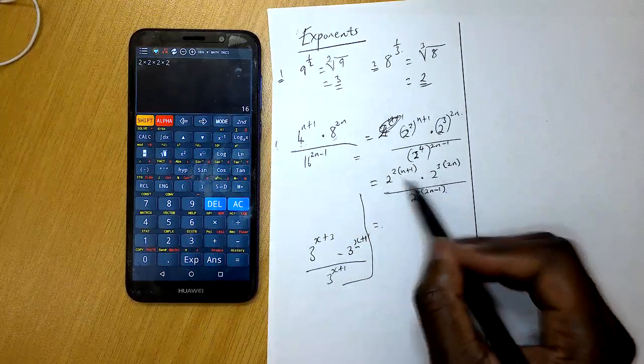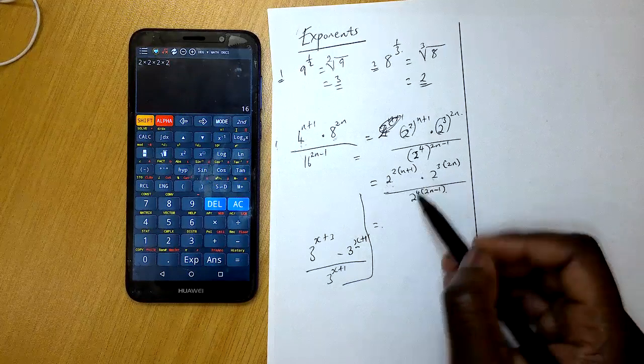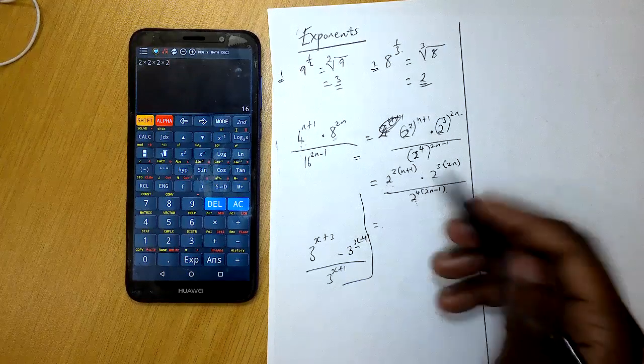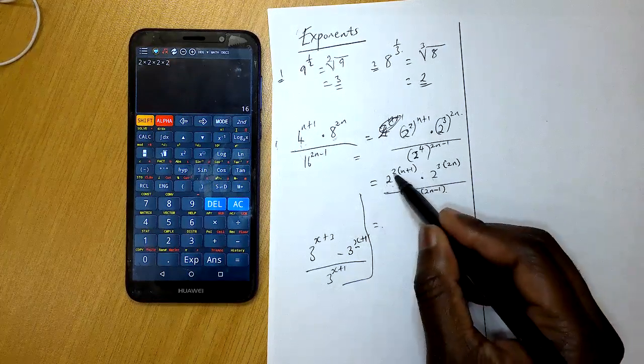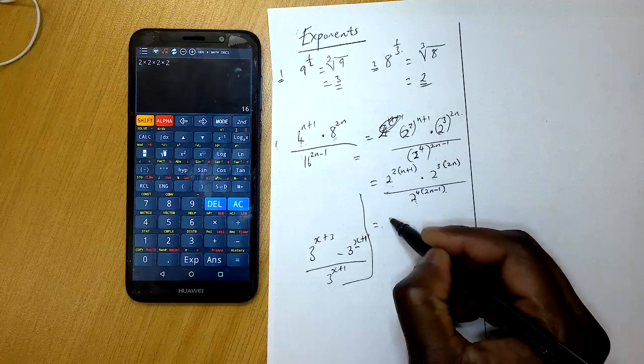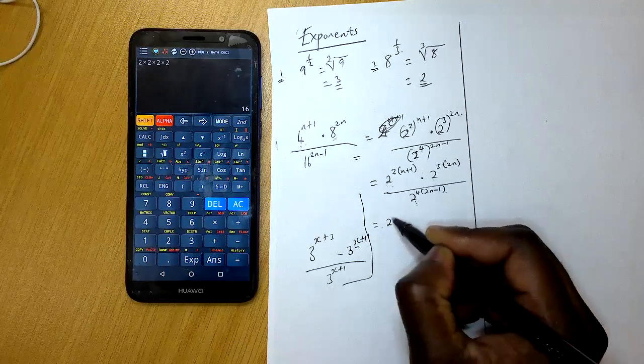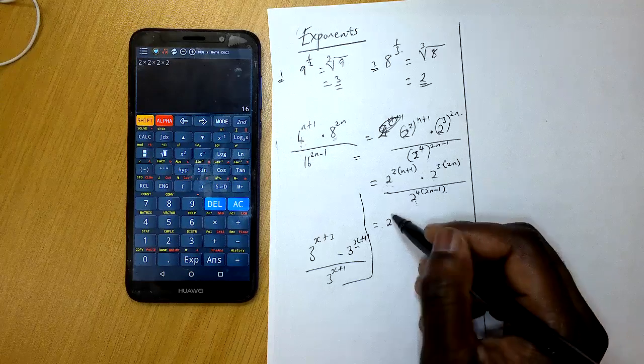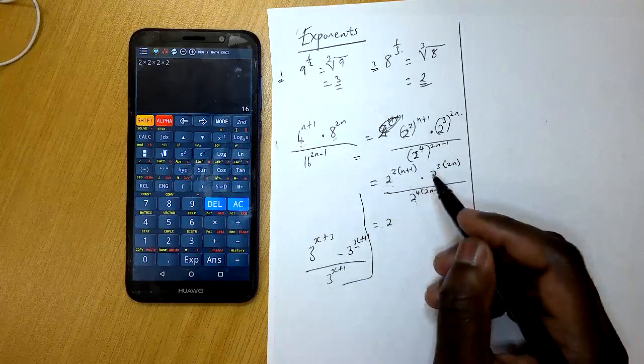Since 2 is the same base here, we're going to add the powers for these two. 2 to the power of what?